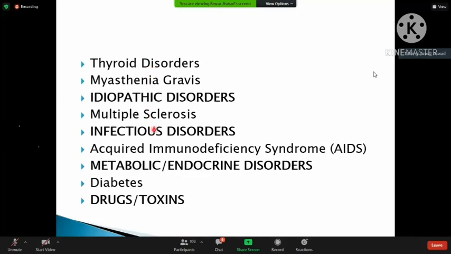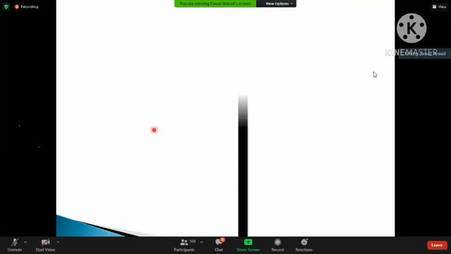Also multiple sclerosis. These are diseases that may affect the oral cavity directly or indirectly and affect the extraoral examination.